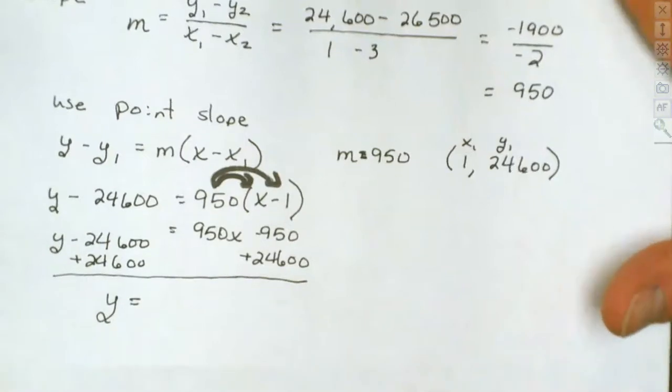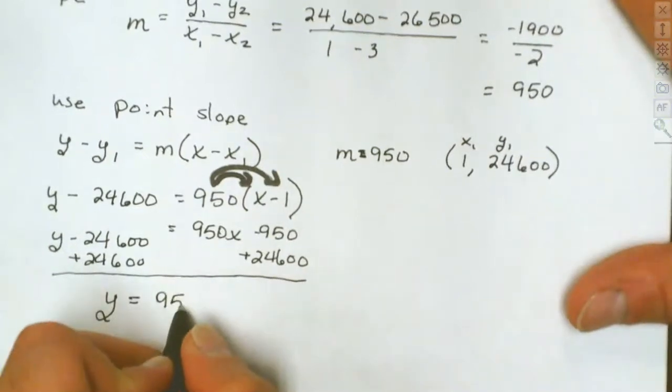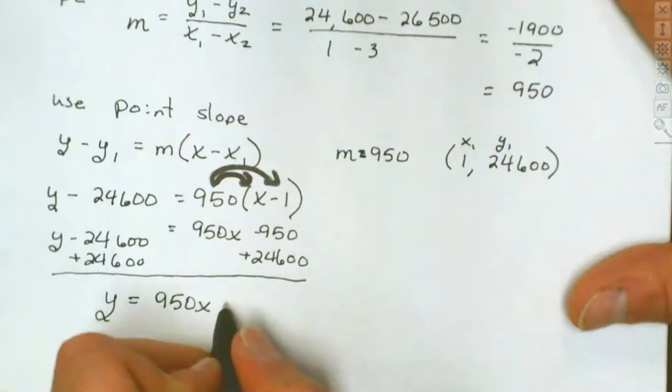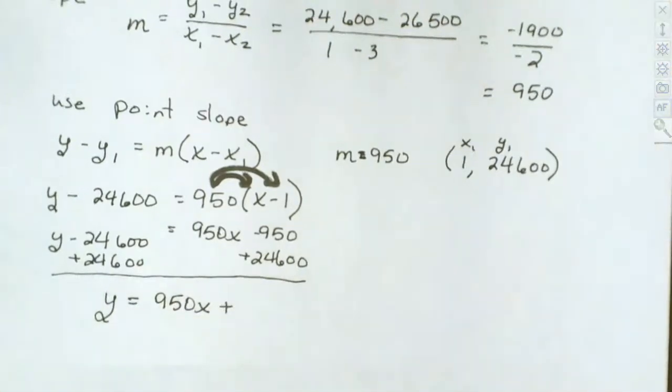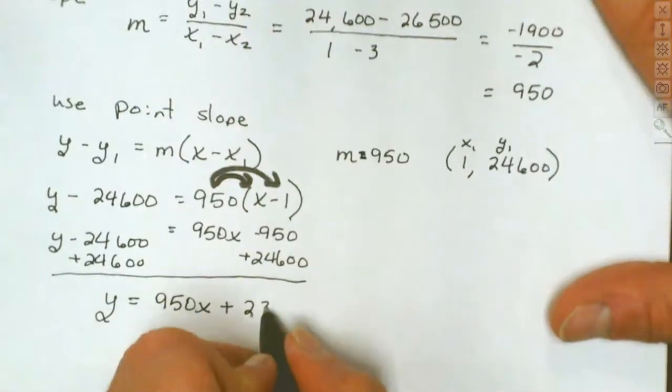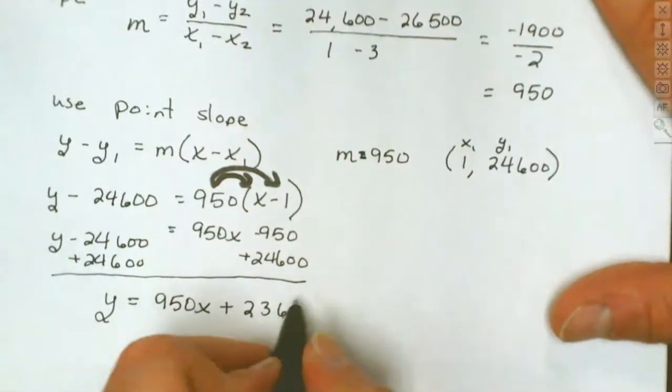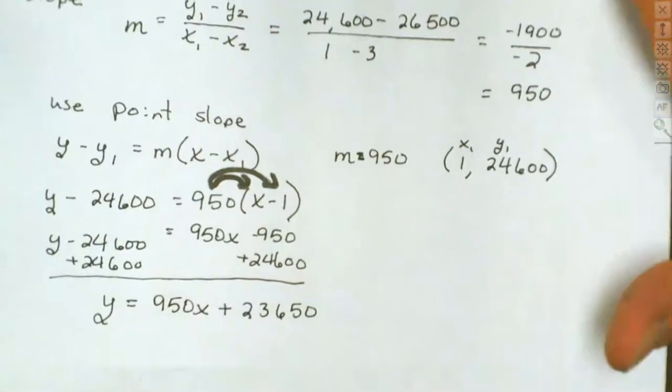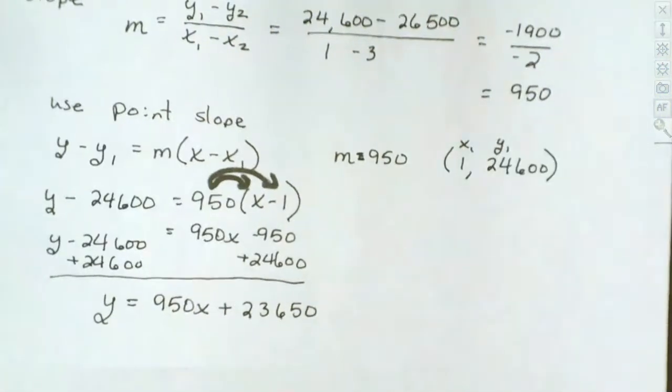Y equals now 950x plus, we've got 24,600 minus that 950. That gives you 23,650. Okay. And that's your equation.